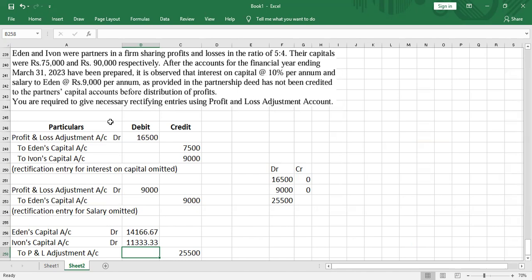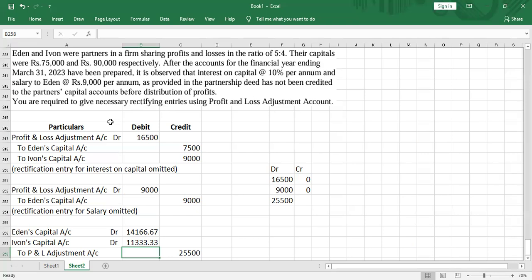And if they omitted income like interest on drawings, the journal entry will be partners' capital account debit to P&L adjustment account. And if they provided extra income like interest on drawings, the journal entry will be P&L adjustment account debit to partners' capital account.